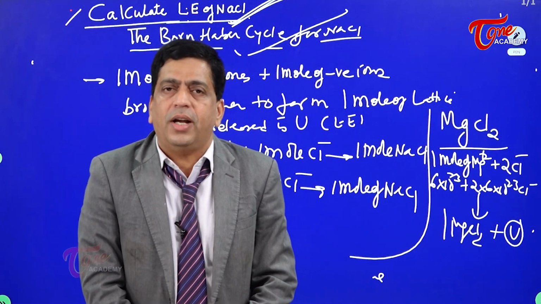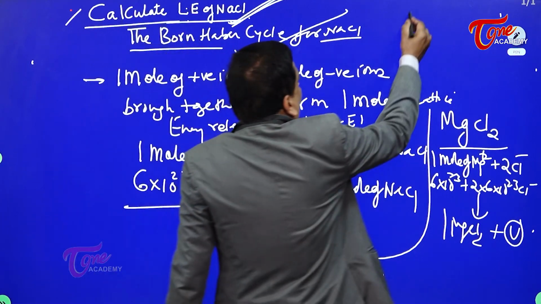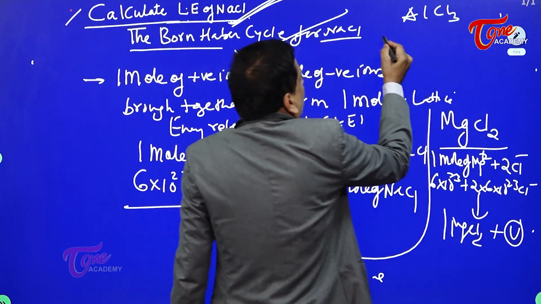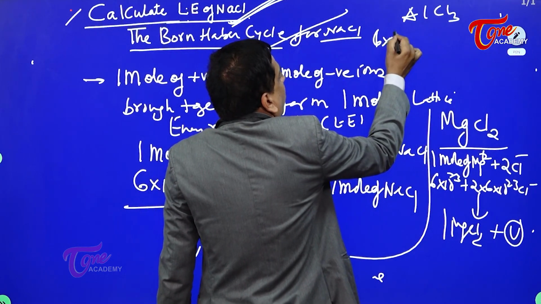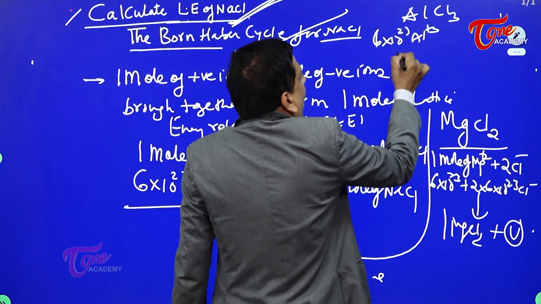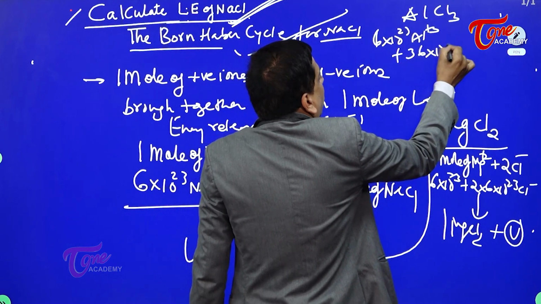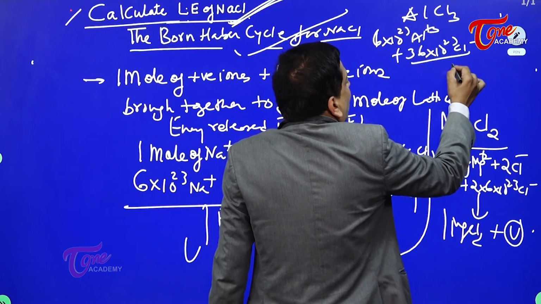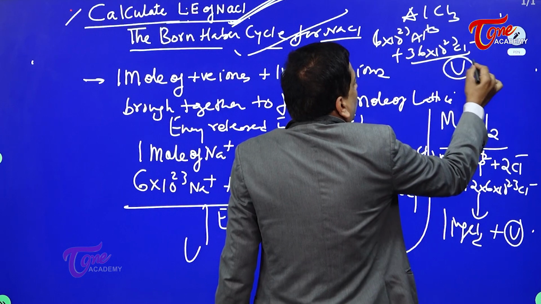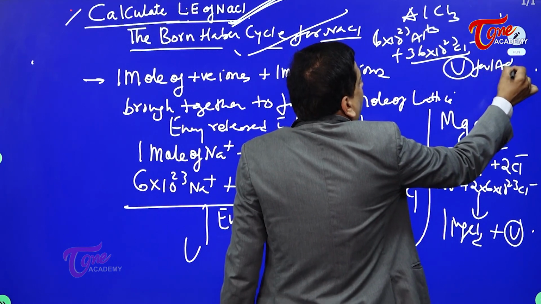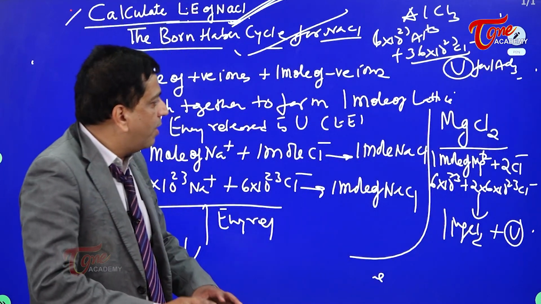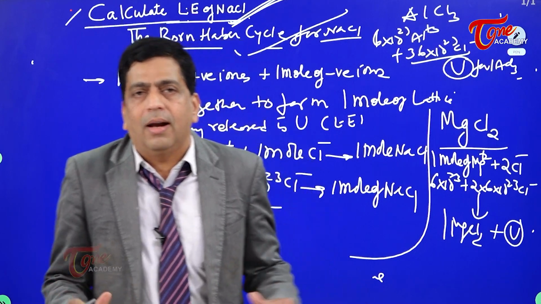Similarly, for AlCl3, it is 6 into 10 power 23 aluminiums and 3 into 6 into 10 power 23 chloride ions giving you a mole of AlCl3, and the lattice energy is U. So you should have a clear picture of what lattice energy is.